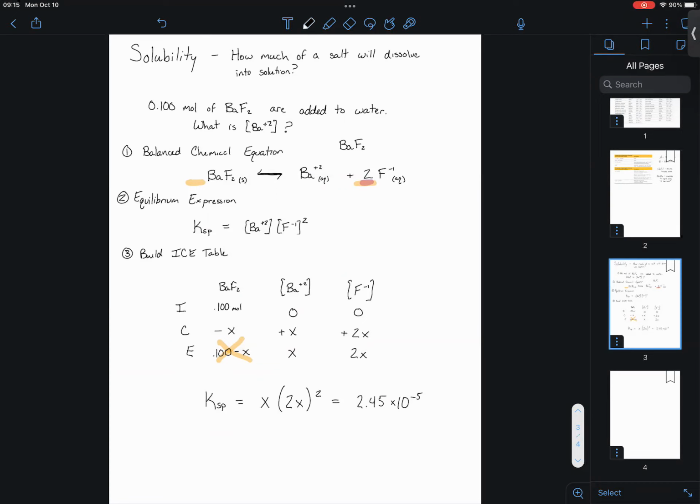All right, so everybody take a minute and give me what the concentration of barium ions are when I add this barium fluoride to water.